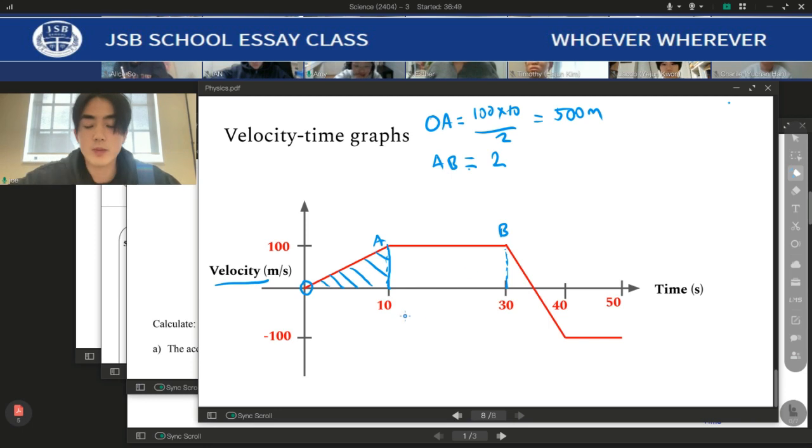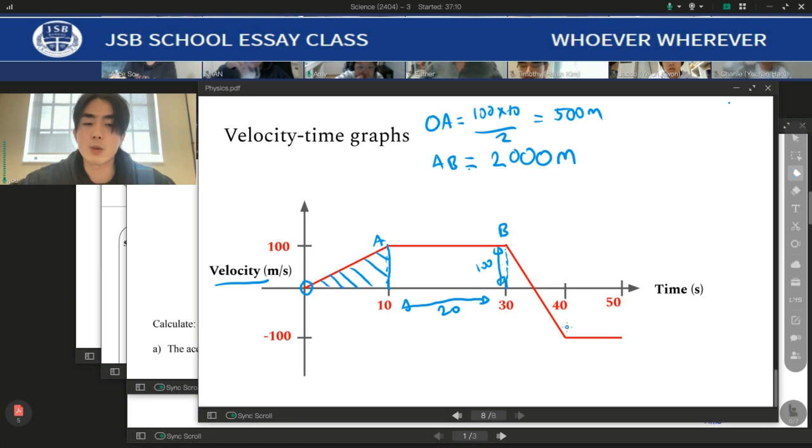This is 20. This is 100. So the area is 200, right? 2,000 actually. If it's 20 times 100, 2,000. Okay? 2,000 meters. All right, so this is where it gets a bit more difficult.